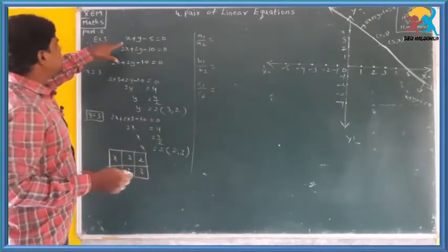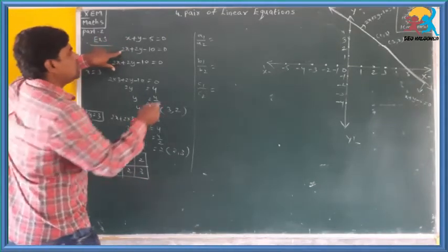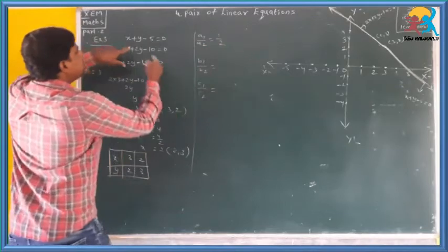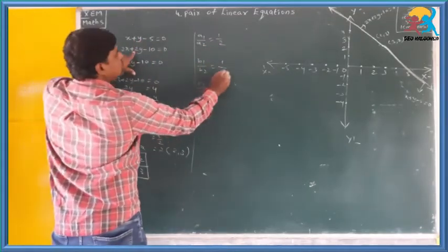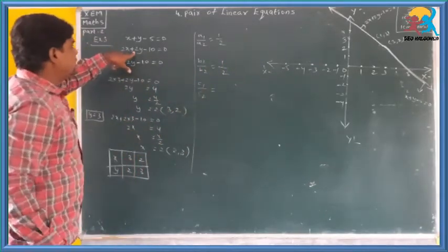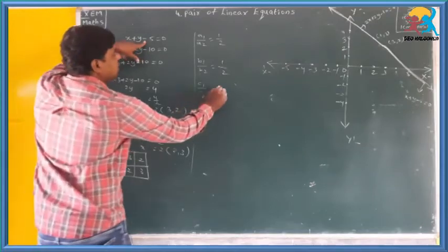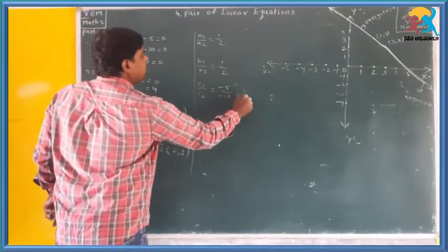The x coefficient is 1 here and 2 there, so a1 by a2 is 1 by 2. And b1 by b2 is also 1 by 2, and we got these two equal. That is why definitely we have to find c1 by c2. c1 is minus 5 and c2 is minus 10. So by simplification we get 1 by 2.